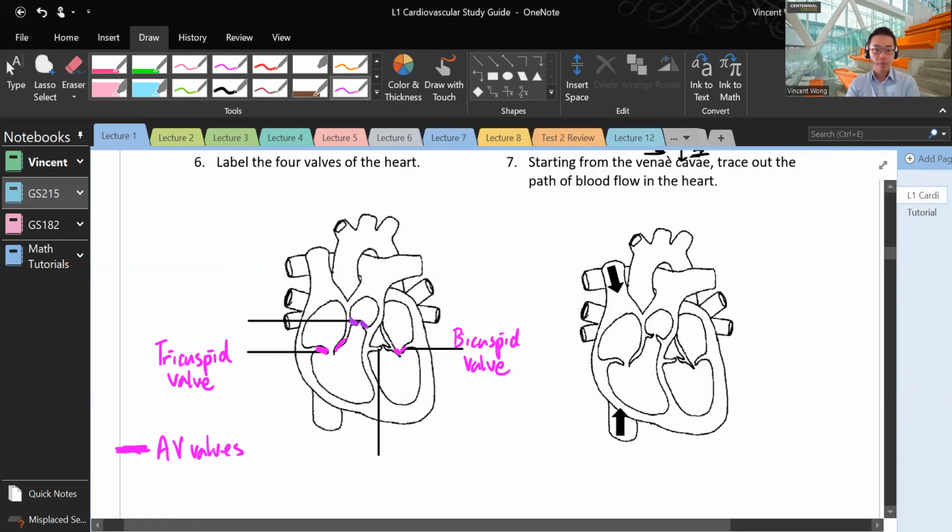We have another valve right here at the entrance of the pulmonary artery. So that is the pulmonary valve. And also another one here leading into the aorta. That's the aortic valve.